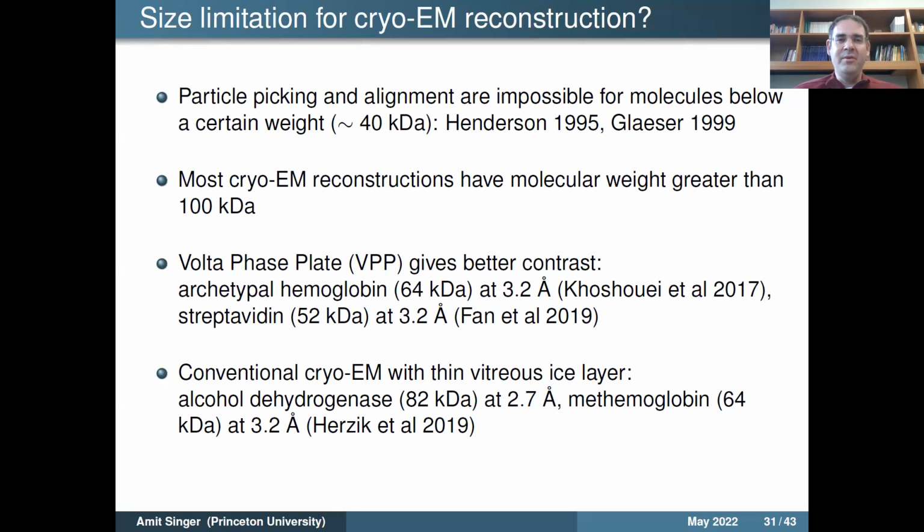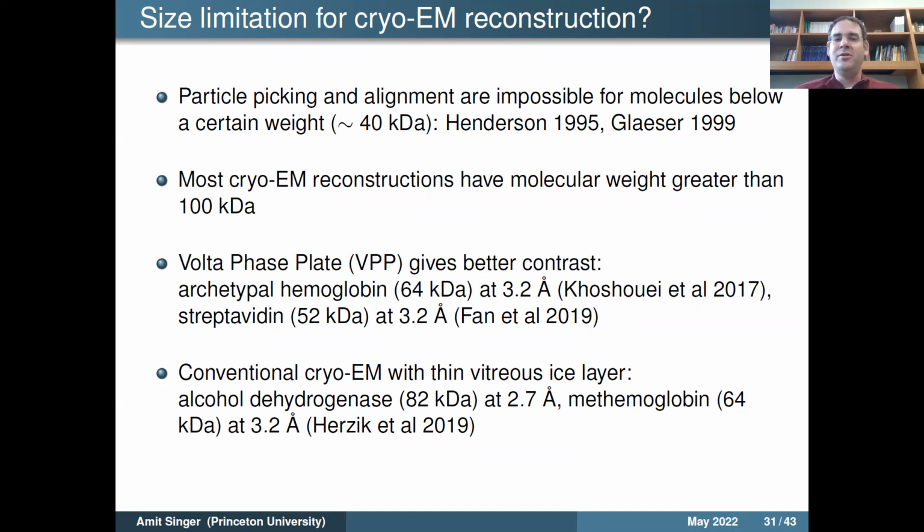In the very limited time that I have left, I'm not going to finish all my slides, but I'll briefly mention the final topic: how to do cryo reconstruction for molecules that are too small to be even detected in the micrographs.